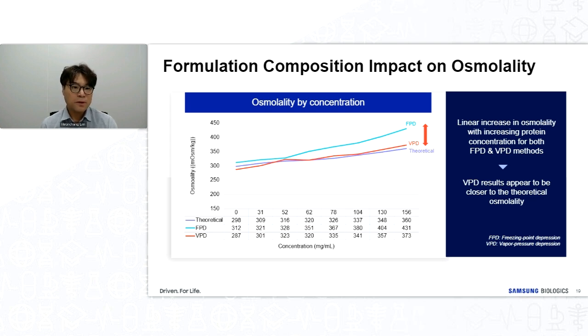Comparing the measured osmolarities to the theoretical osmolarity, it appears that the result from the vapor pressure type osmometer is closer to the theoretical values as compared to the result from the freezing point type osmometer. Additionally, our studies suggest that the formulation composition can also impact the variability in the osmolarity result at high protein concentration.